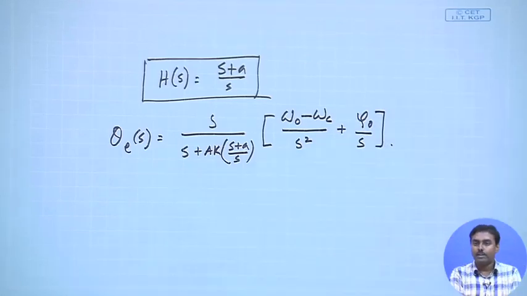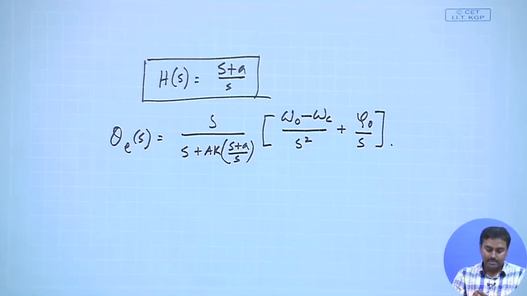This is something we have already proven. We have said that it is a similar kind of input which is coming at a different frequency omega 0, not exactly matching the free running frequency, and it has a constant phase. If the input has something other than these characteristics, we will have to do something else. Okay.